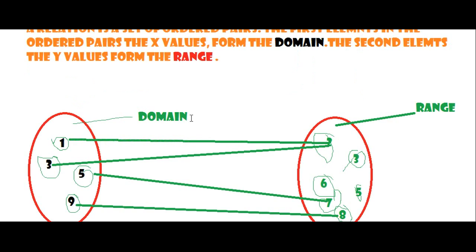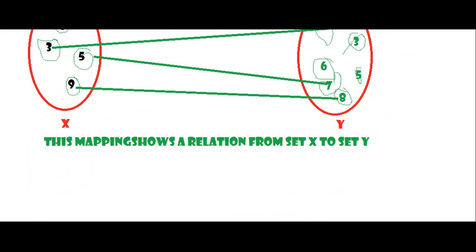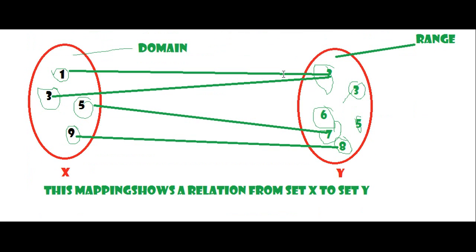So this relation consists of ordered pairs this way. If you look at the figure carefully again, here the relation can be denoted like this.